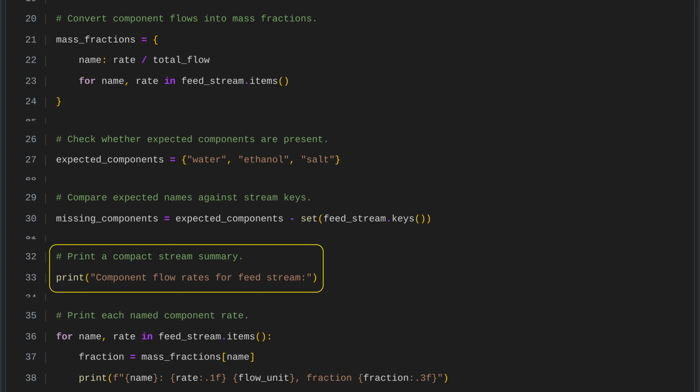The code prints a heading that introduces the feed stream component flow rates. This organizes the output and prepares the reader for the following details on each component's flow rate and mass fraction.